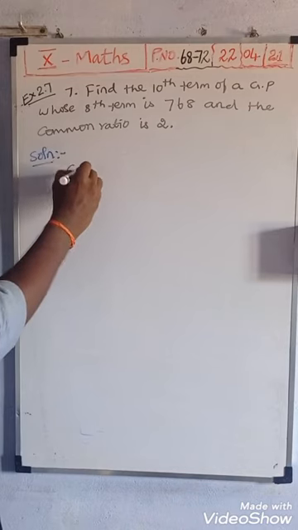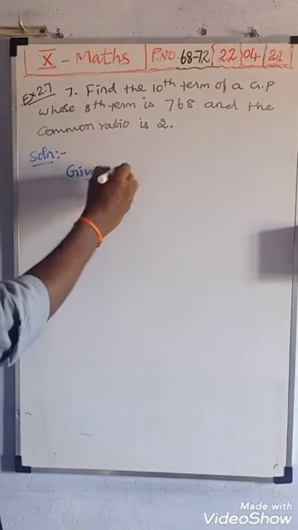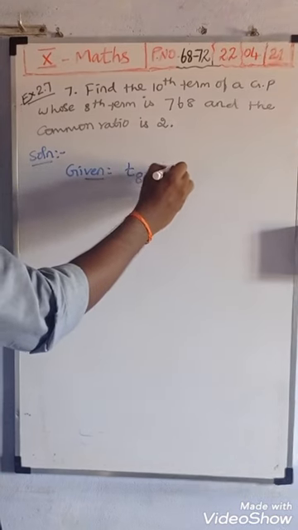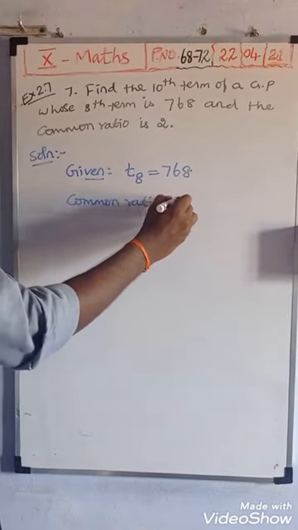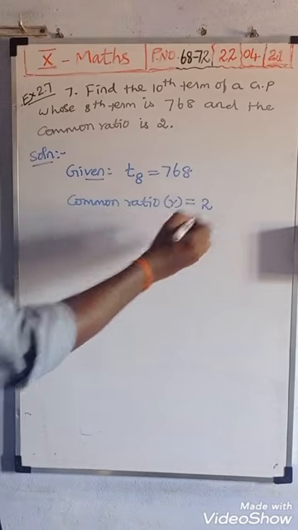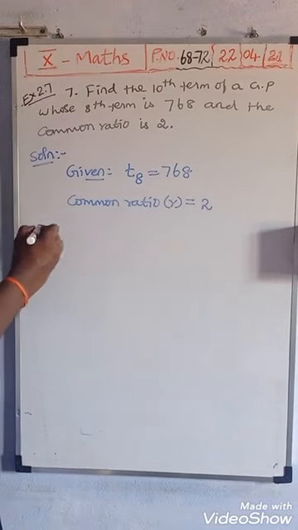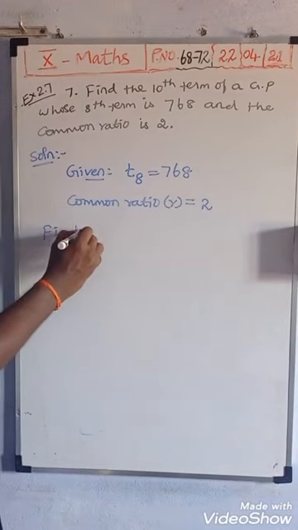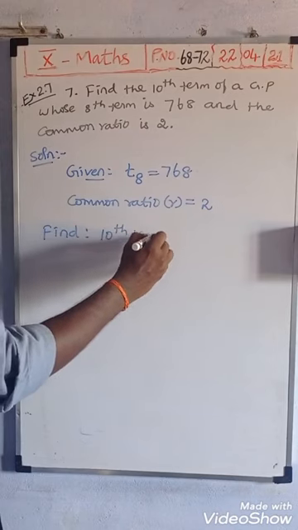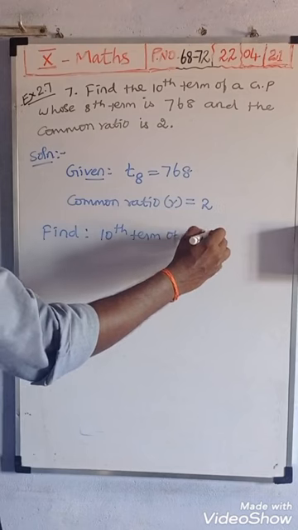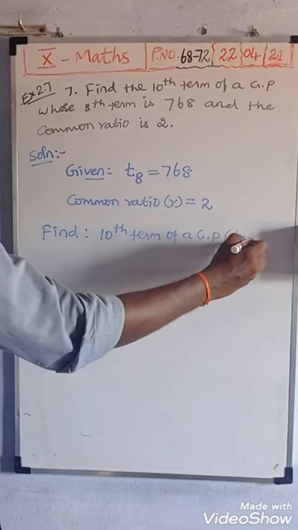Now given T8 is equal to 768 and common ratio r is equal to 2. We want to find the 10th term of the GP, that is T10.